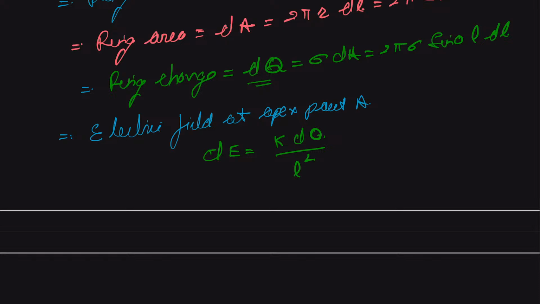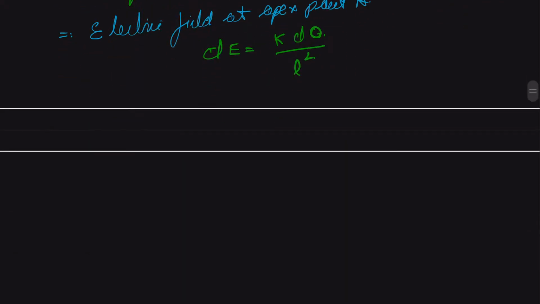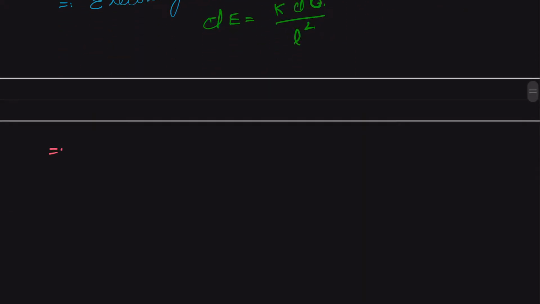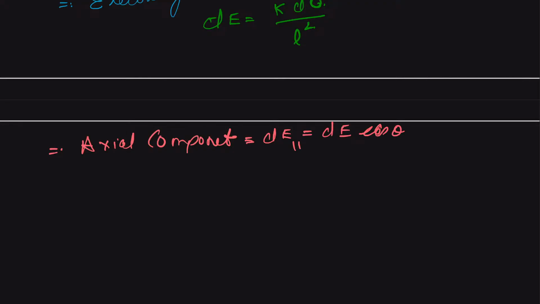And we can find out its axial component. Therefore we can say that the axial component, that is dE axial, that is the parallel component, will be equal to dE cos of theta.